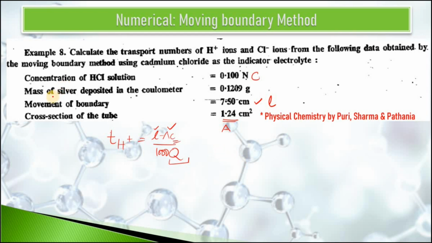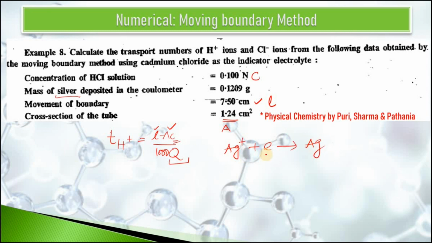So in this case, as you can see, mass of silver deposited in the coulometer. That means the coulometer contains some silver salt. When electricity passes through the coulometer, silver ions get reduced and deposit in the form of silver. So this is the reaction that takes place in the coulometer.